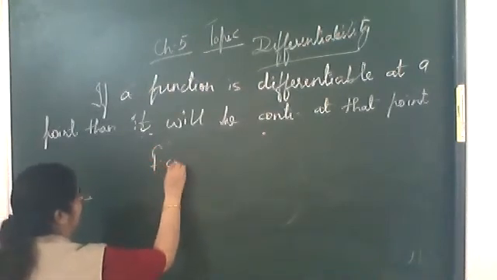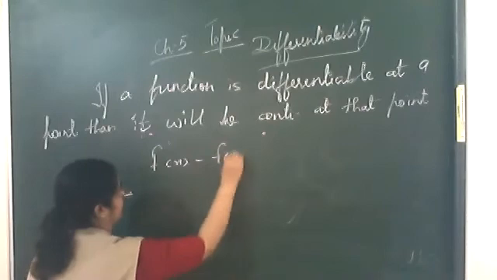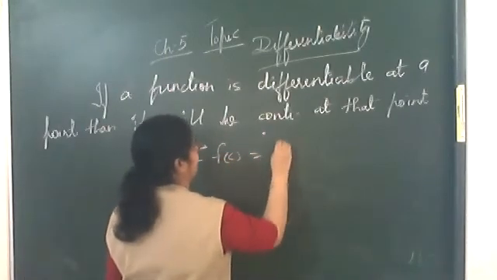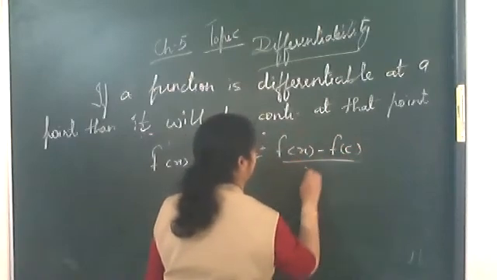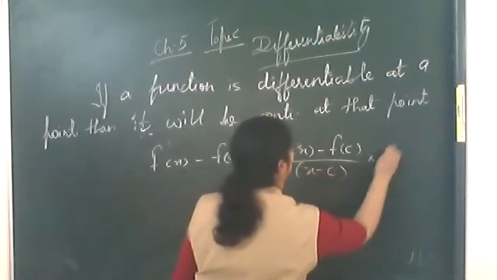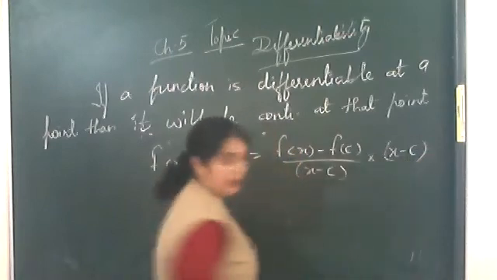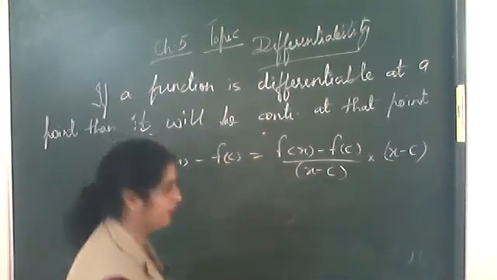You know that f(x) minus f(c) can be written as [f(x) minus f(c)] upon (x minus c), multiplied by (x minus c). Can we write this way? We can write this way, there is no problem.